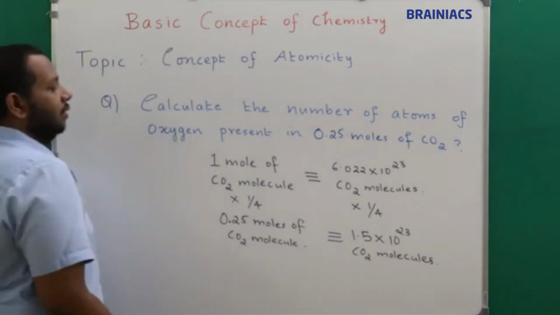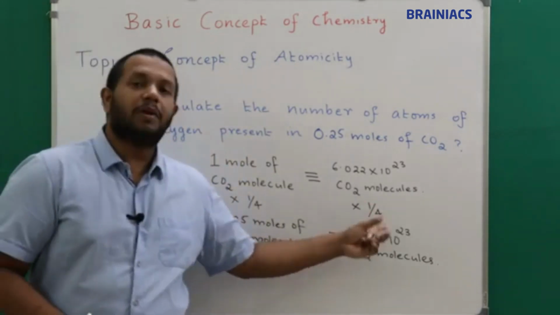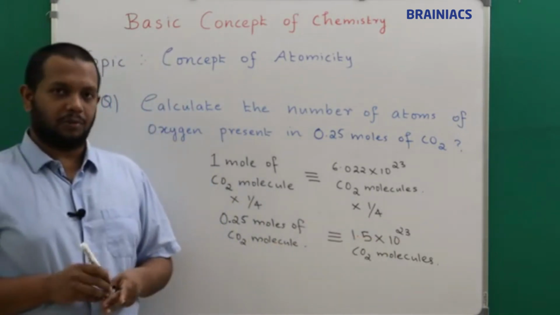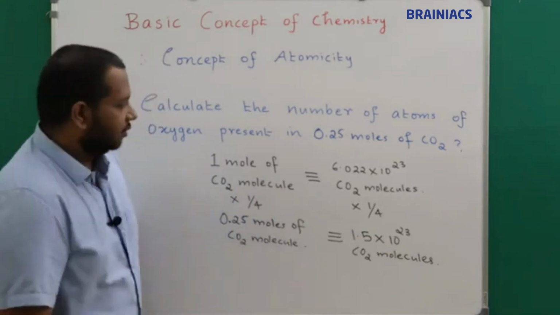Okay. So right now I know 0.25 moles of CO2 molecule is equivalent to how many CO2 molecules? 1.5 into 10 power 23 CO2 molecules. So I have calculated the number of molecules. Correct. So I can rub this.